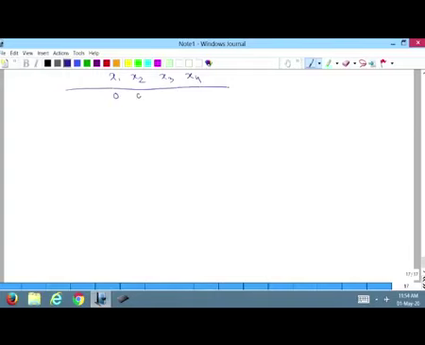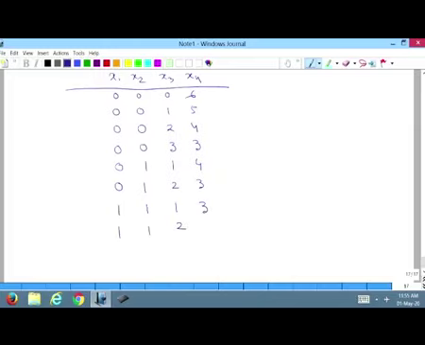We get 0, 0, 0, 6, 0, 0, 1, 5, 0, 0, 2, 4, 0, 0, 3, 3, 0, 1, 1, 4, 0, 1, 2, 3, 1, 1, 1, 3, 1, 1, 2, 2, and we can see that we can also do 0, 2, 2, 2.